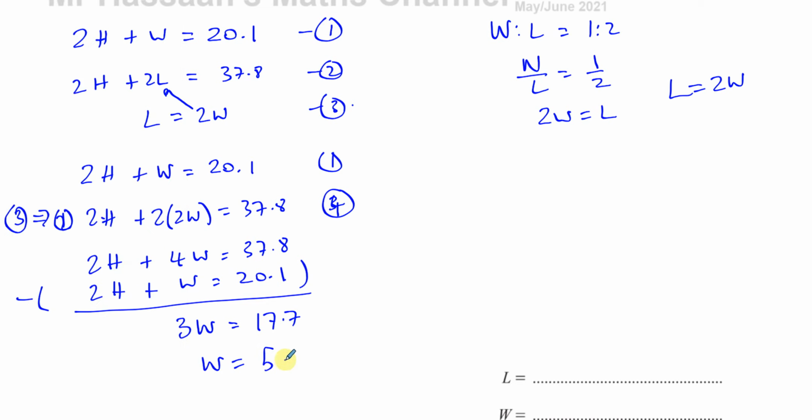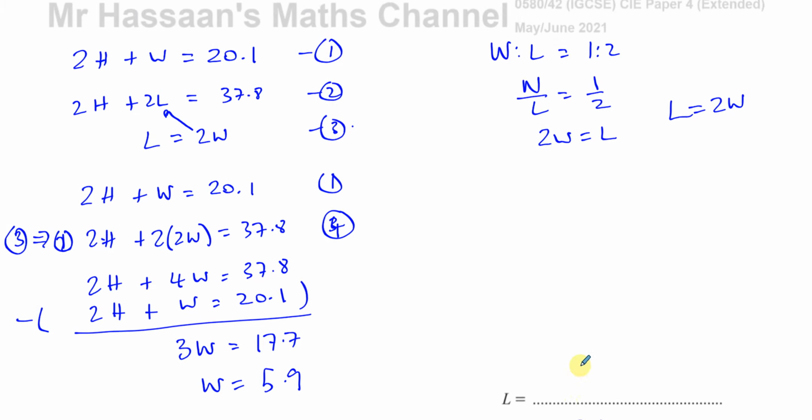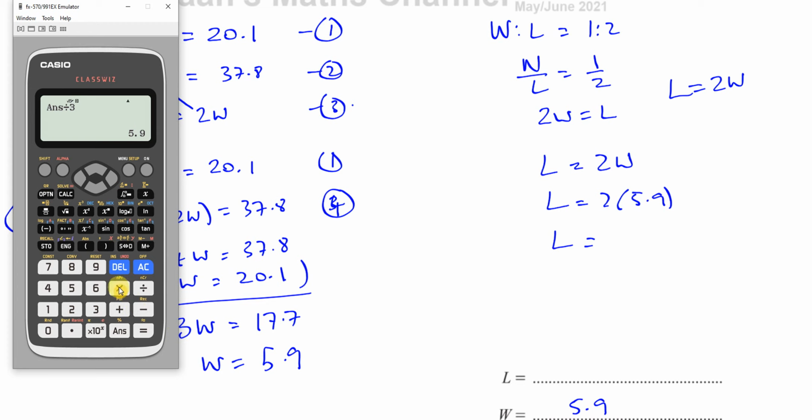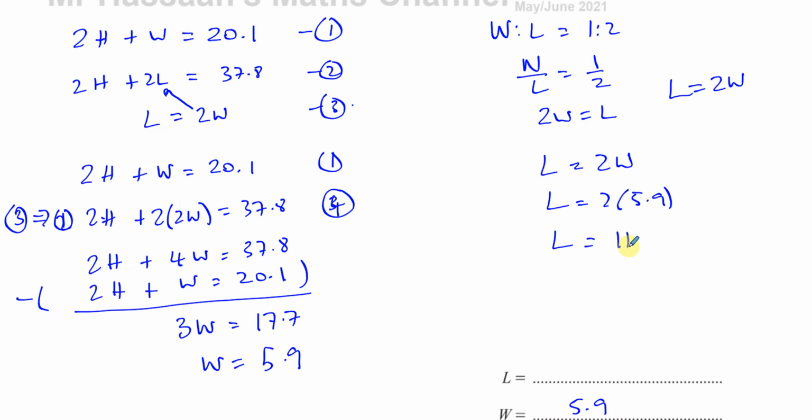So W is 5.9. Now we've got to find what L is. Well, L is 2W, so L is 2 times 5.9, which is 11.8.